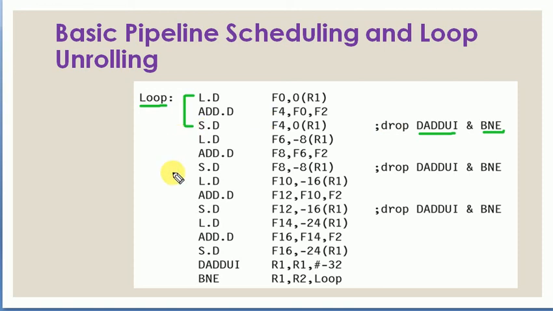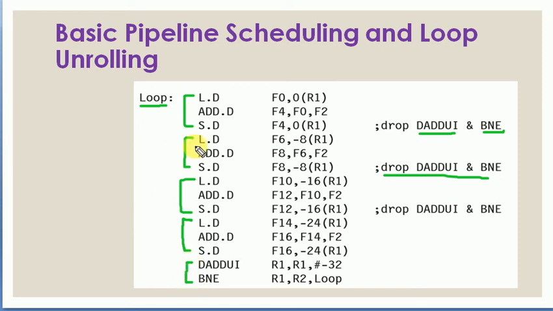Within the same loop I am adding the next load, add, store. Here again we are dropping these two statements. Again within the same loop we add the load, add and store. Again the load, add and store. Then finally we add the add unsigned integer and branch on not equal to.